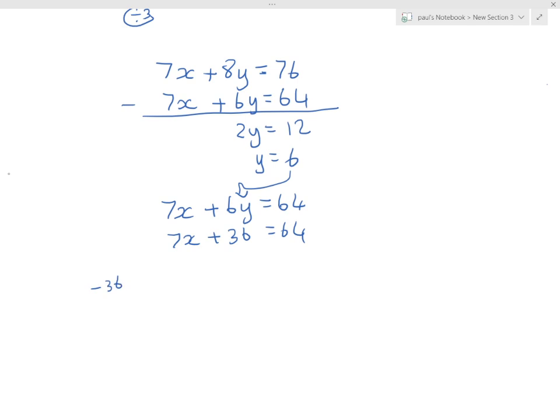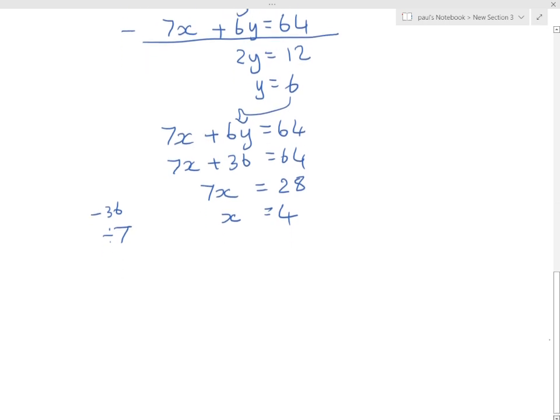Take away 36, so we're left with 7x equals 28. So x equals 28 divided by 7, and that's 4. So that's good enough when everything is the same.